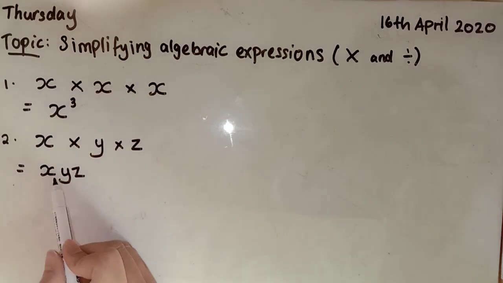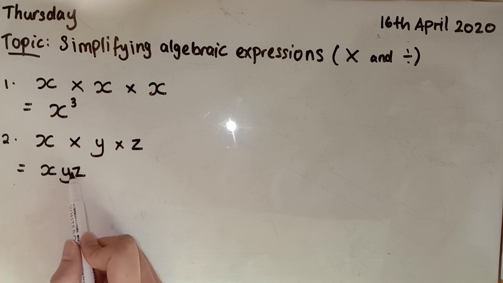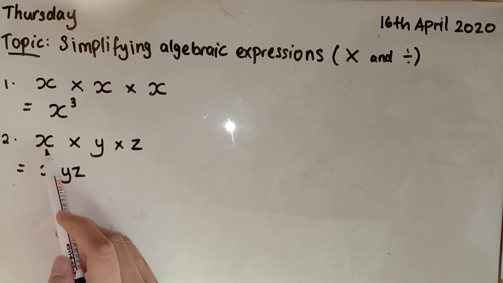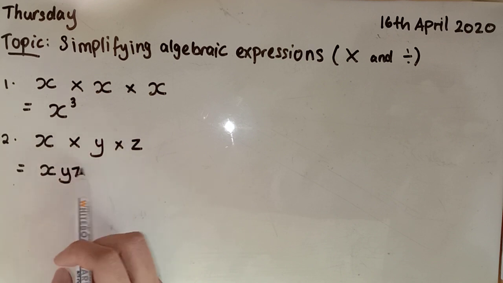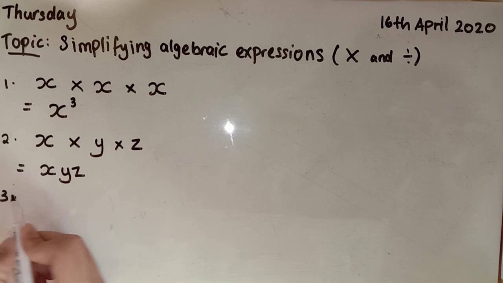Like I told you before, if it is like this, there is no plus, no minus, no division in between these two alphabets, it means you have to multiply. Okay, so X times Y times Z becomes XYZ. Okay, next one. Simple one.